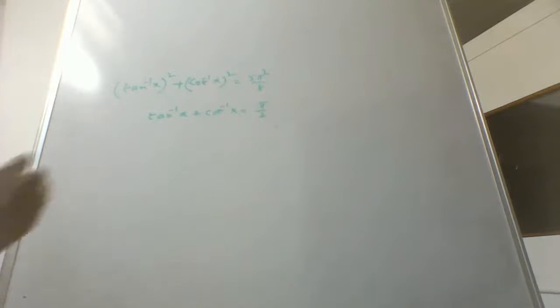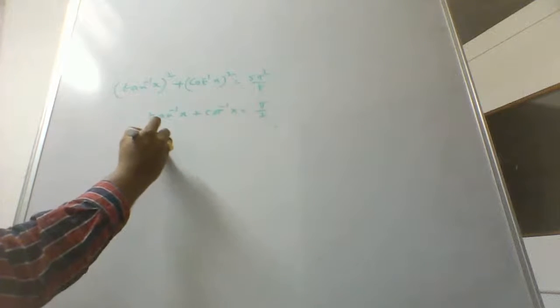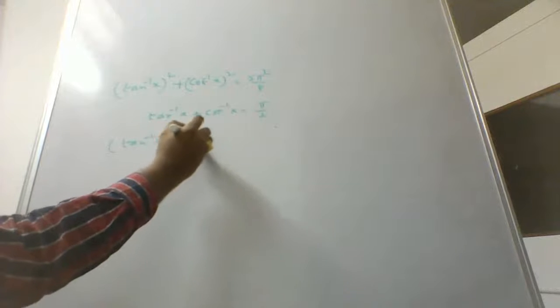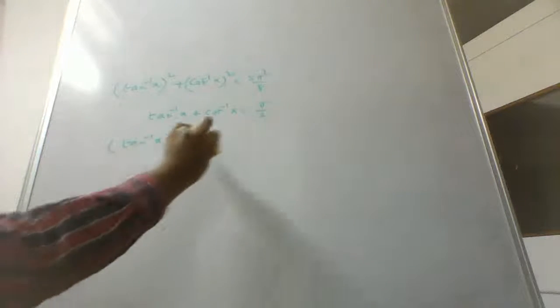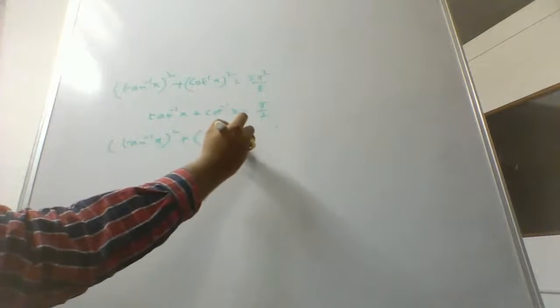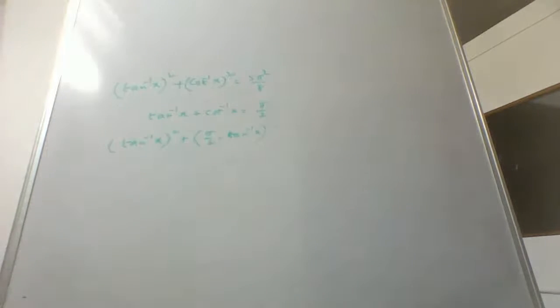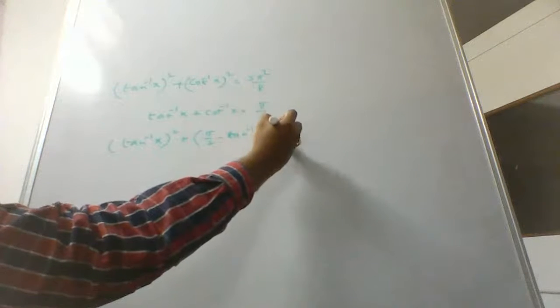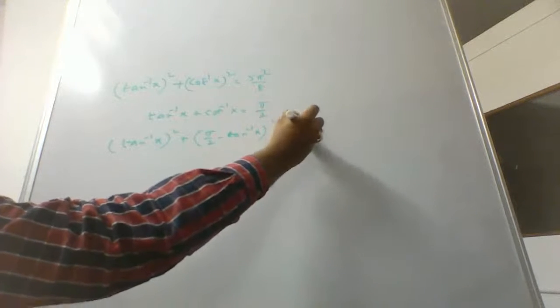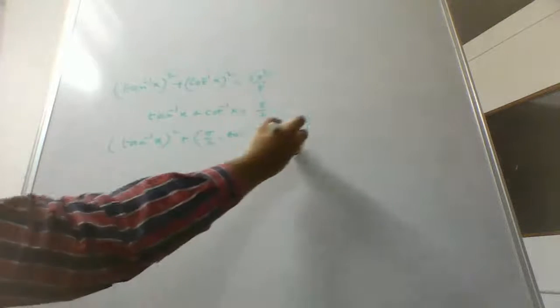So we can write tan inverse of x whole square plus, this would be pi by 2 minus tan inverse of x whole square, is 5 pi square by 8.